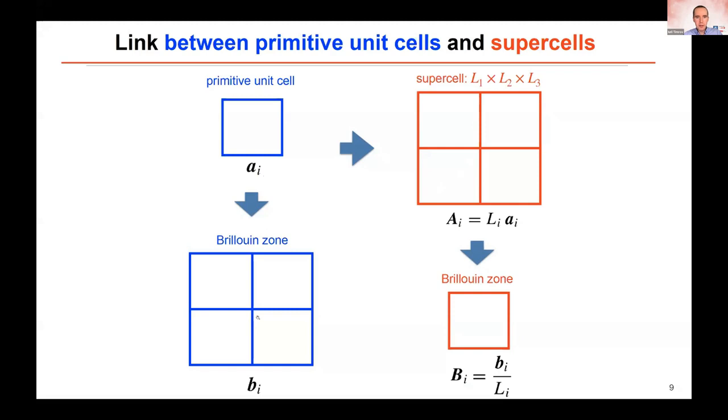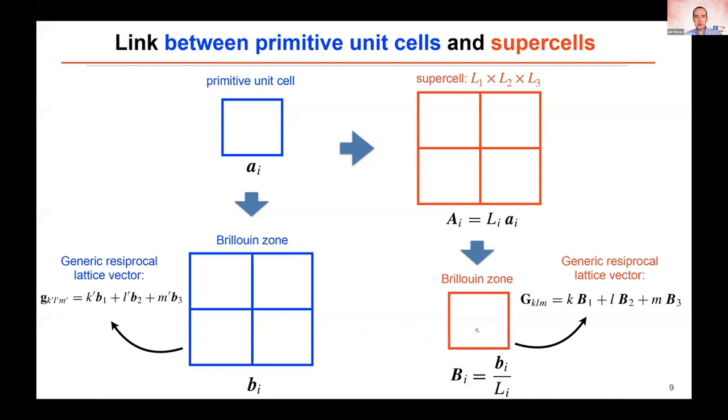So if we label with small b the length of the Brillouin zone side, and with the capital B we indicate the length of the Brillouin zone that corresponds to the supercell, and if in real space A is L times a, then in reciprocal space it's vice versa. It's actually L times smaller than the size of the Brillouin zone of the primitive cell.